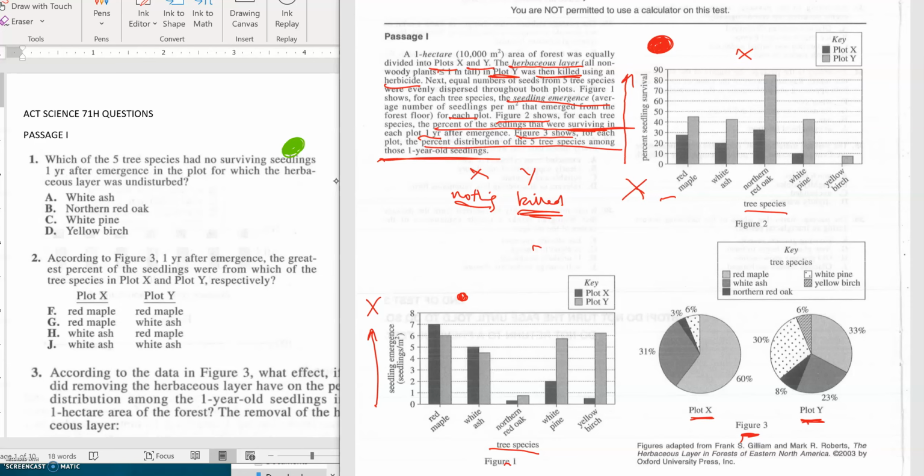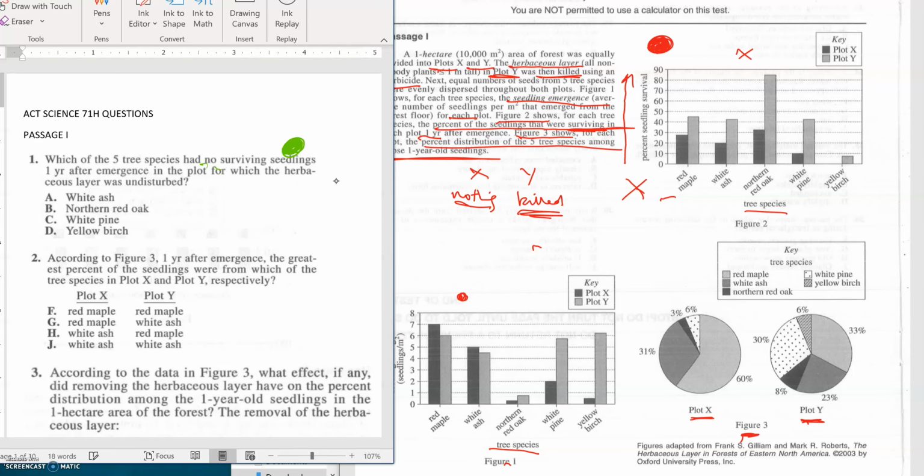Which of the 5 tree species had no surviving seedlings 1 year after emergence in the plot for which the herbaceous layer was undisturbed? Alright, so that's plot X, because plot Y was disturbed because they killed everything with a herbicide.